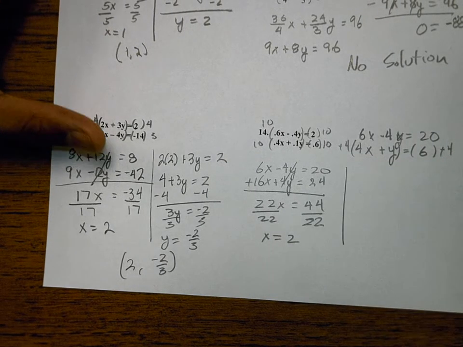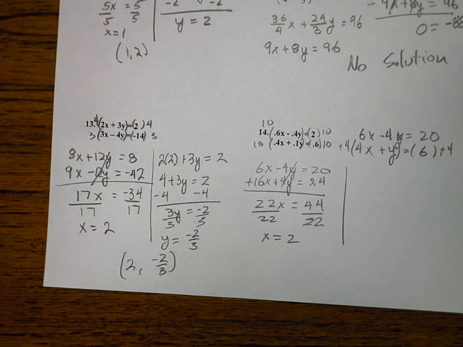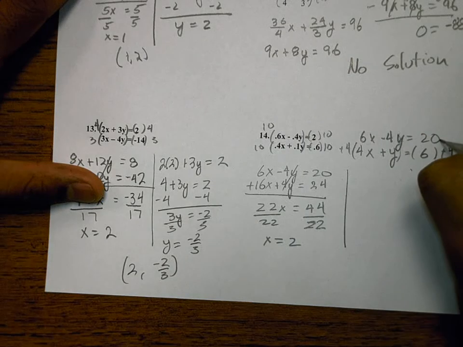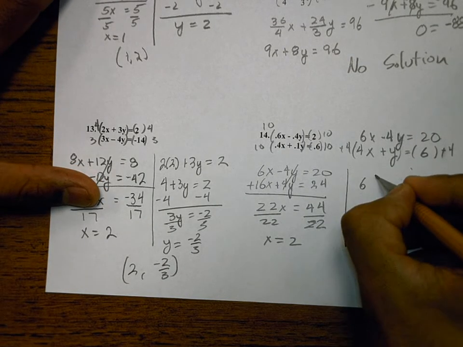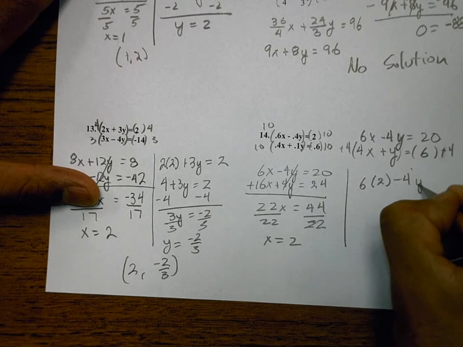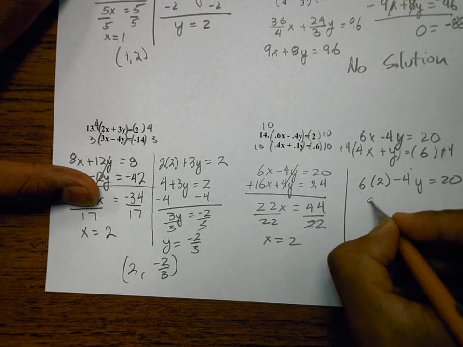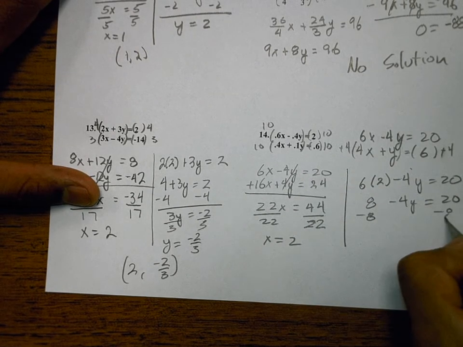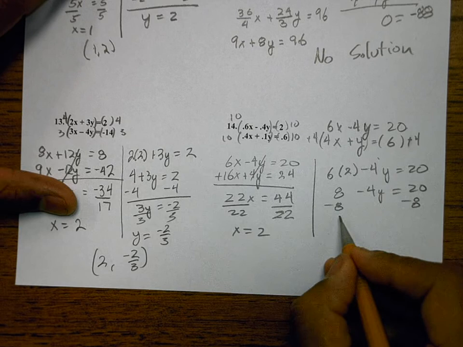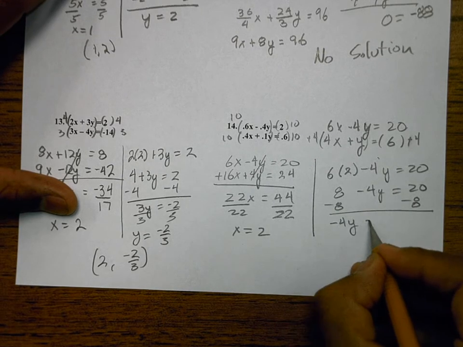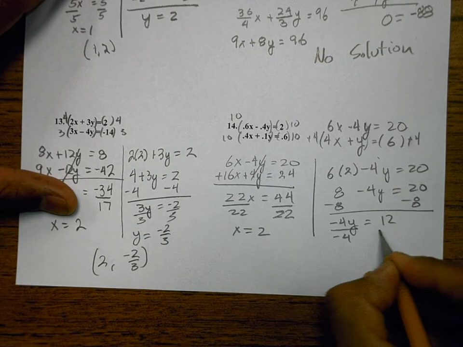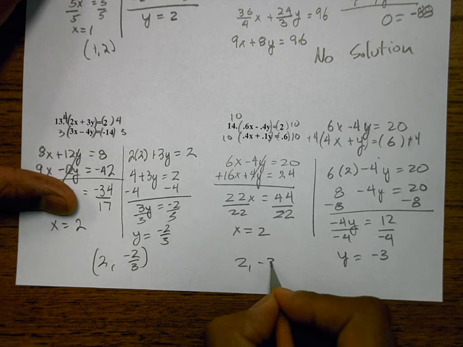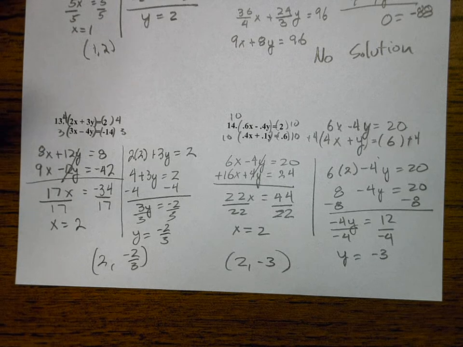And then I've got to plug back in somewhere. Erase what I wrote up there, that being a y. So I'm going to plug into this one up here. Doesn't matter which one. 6 times 2 minus 4y equals 20. And I get 12 minus 4y equals 20. Subtract 12 from both sides. That's negative 8... Divide by negative 4. y equals negative 3. So this one crosses at the coordinate point 2, negative 3.